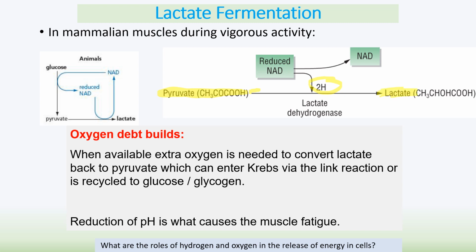Then the oxidized NAD can be reused in glycolysis over and over again. This unfortunately means that the lactate builds up. Lactate needs to be broken down because it reduces pH and causes muscle fatigue. Hence, you have oxygen debt when you respire anaerobically.